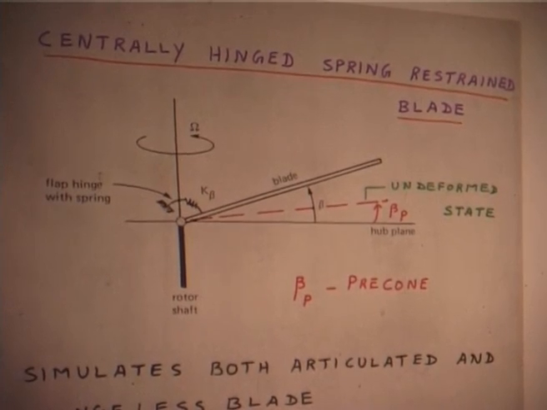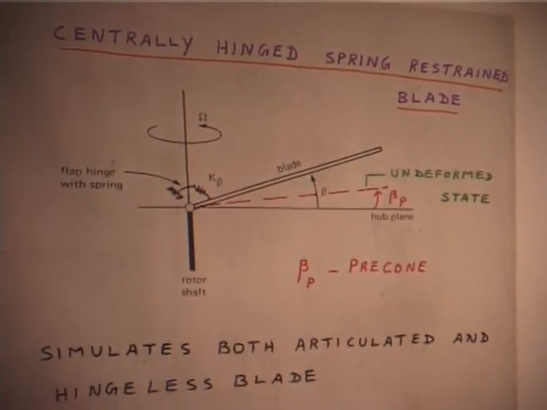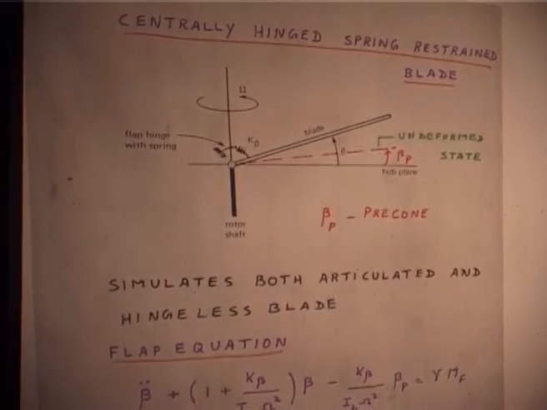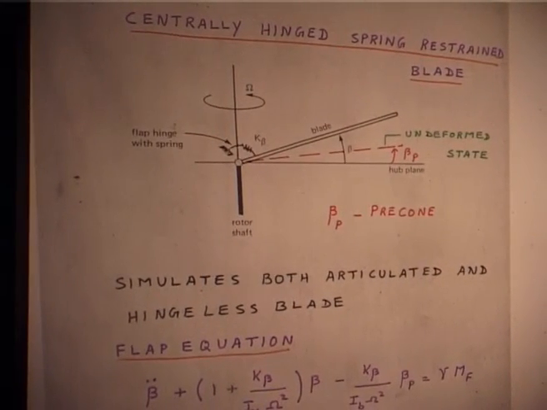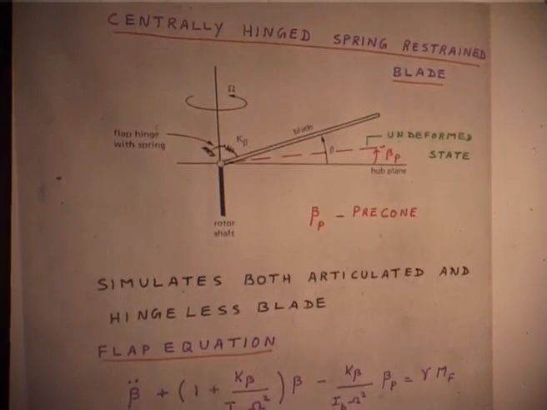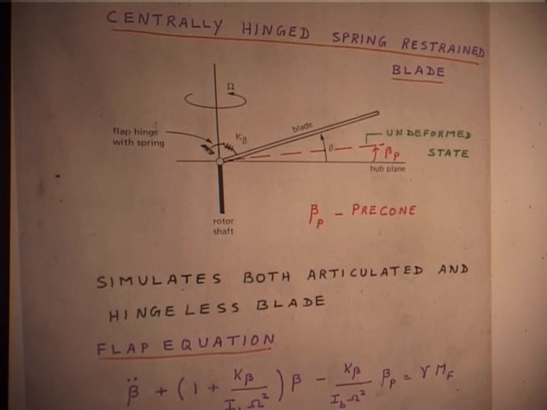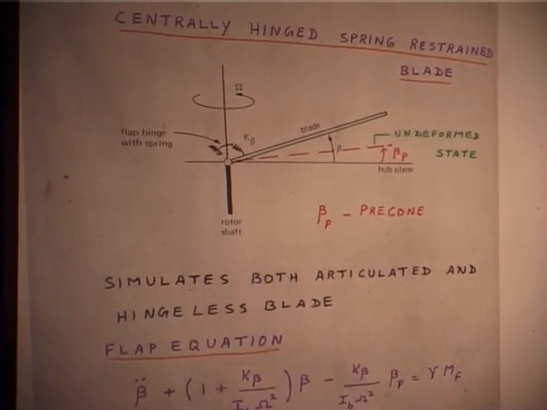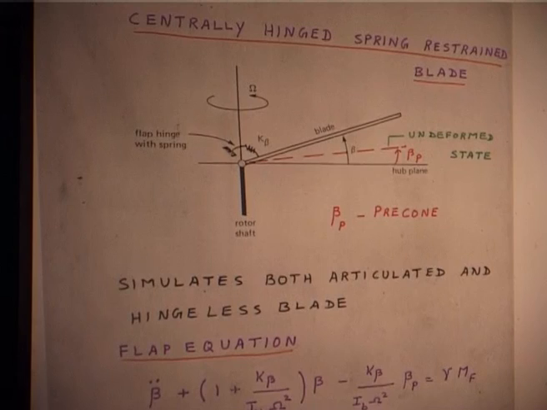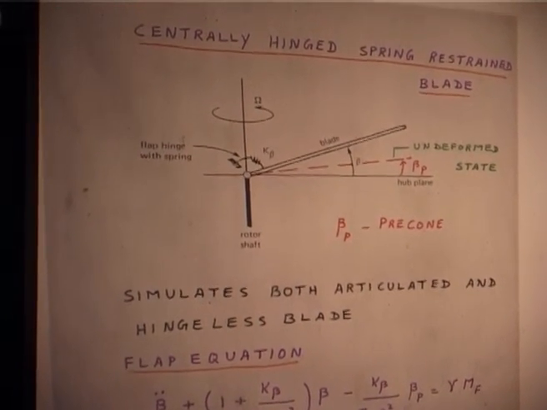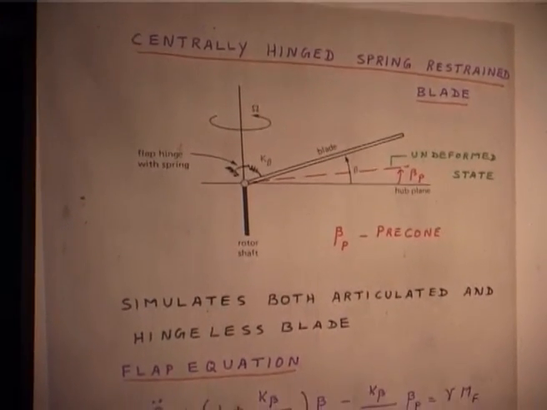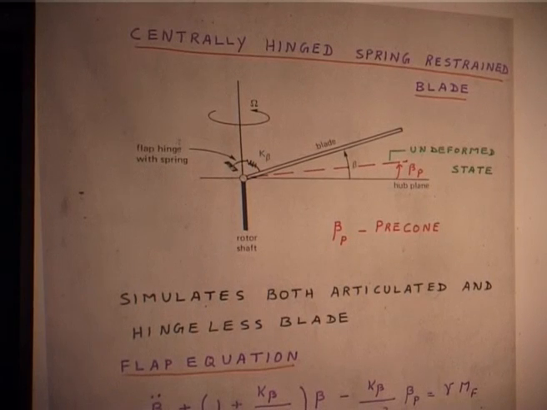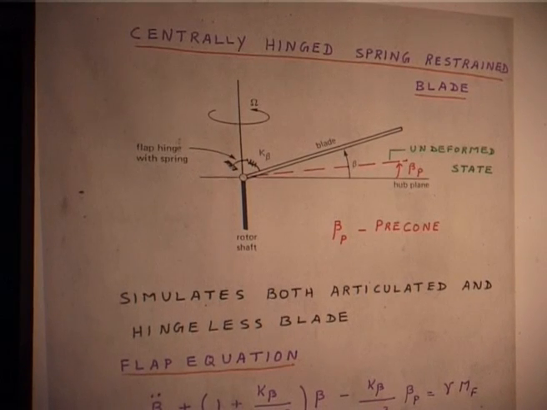When you attach it in the manufacturing, in the assembly of the blade, you are giving a coning angle, precone, which is a set geometric angle. If you put these two, what really happens? We will just study that part.